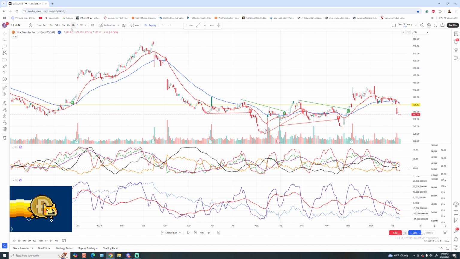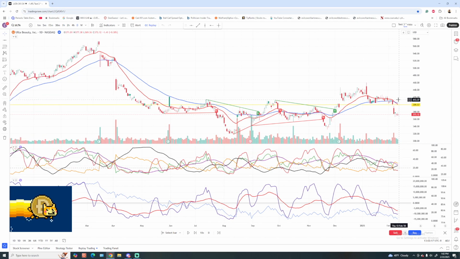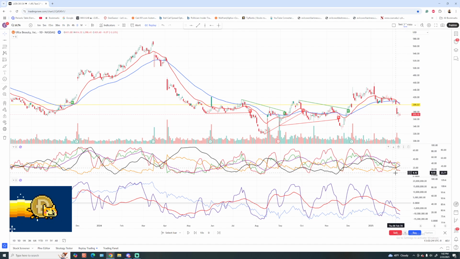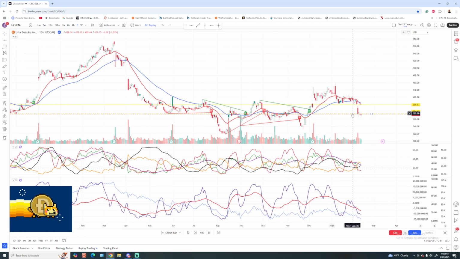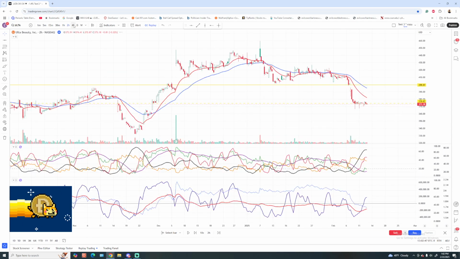I think that's fine too. So it broke that daily support based on this guy. I also have to use this too. So right when that green crosses that black, that was also considered a support, which is like the stronger support. I'll make this a yellow also. Hopefully it's not too confusing, but I like to make dash marks for this guy. So now that was our daily.